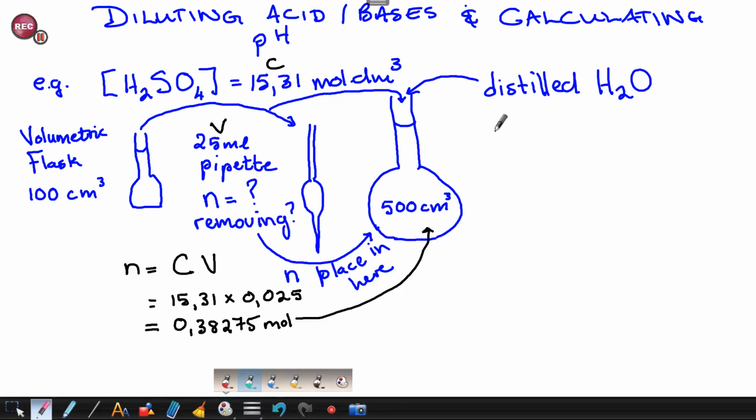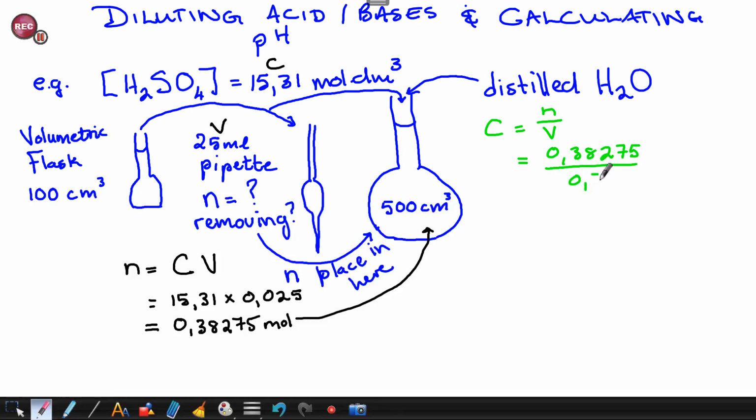So concentration is the moles over the volume, and that means 0.38275 divided by 0.5. So what is the concentration of this sulfuric acid solution? 0.7655.